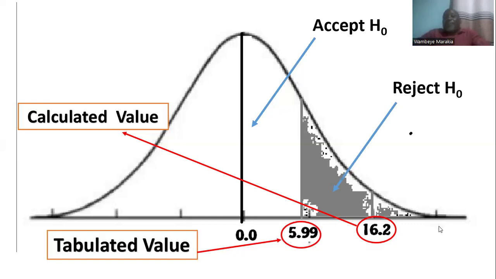You see where that value is falling on our normal distribution? It's beyond our critical value, 5.99, so it's falling into the rejection zone. If that value was less than our critical value, we would accept the null hypothesis. But because it's beyond our critical value at 16.2, we have to reject our null hypothesis.